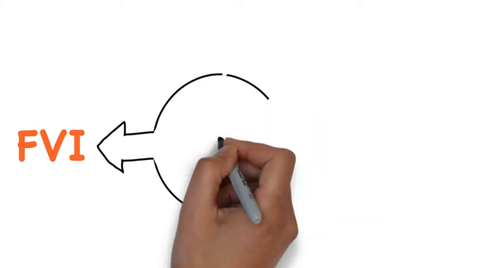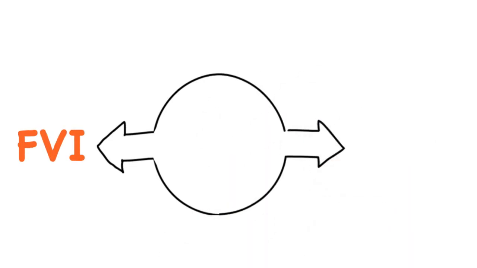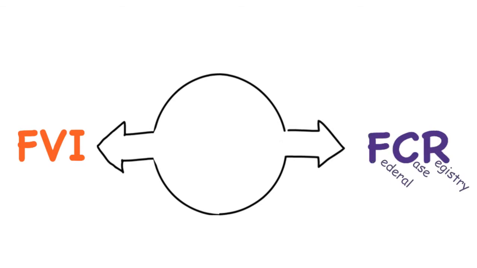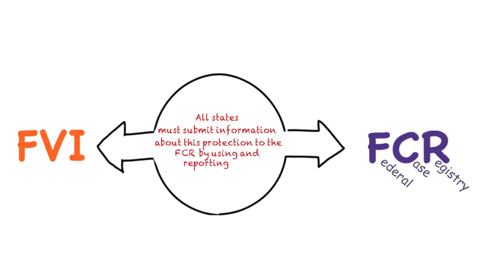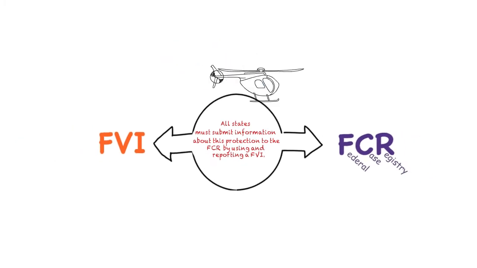The Family Violence Indicator is connected to the Federal Case Registry. All states must submit information about this protection to the FCR by using and reporting a FVI.